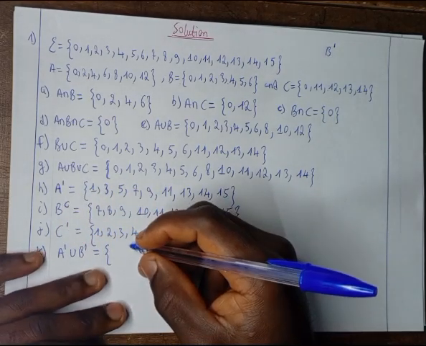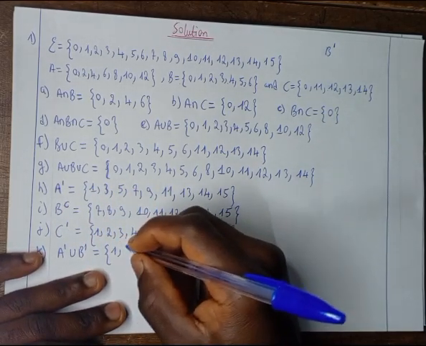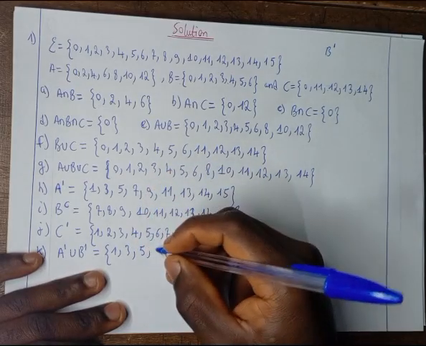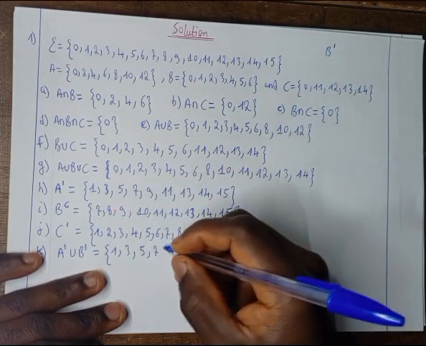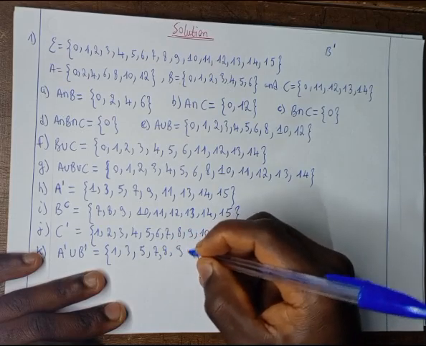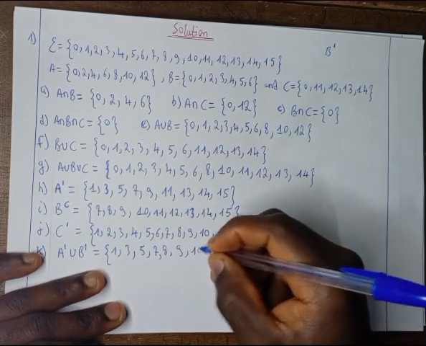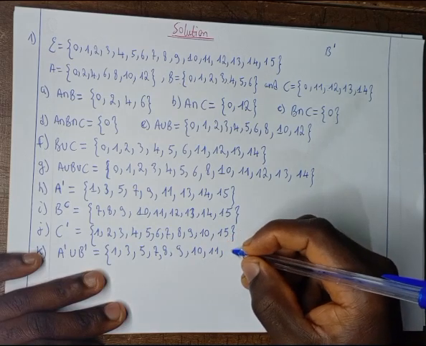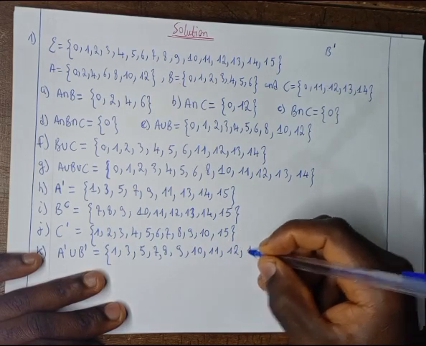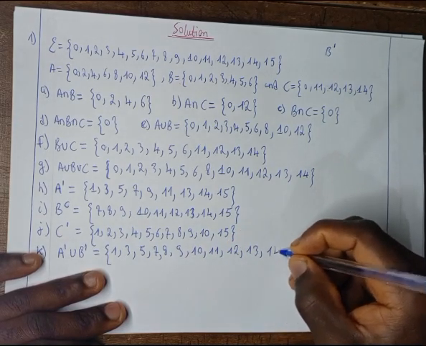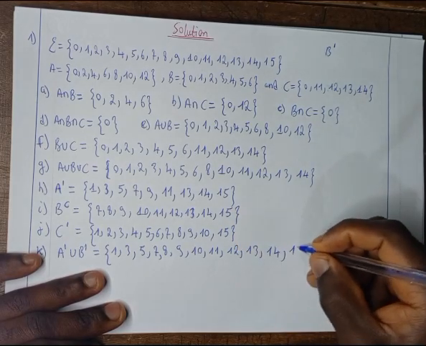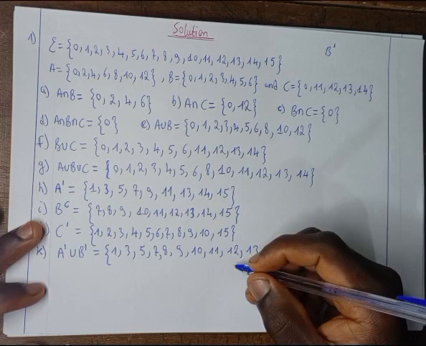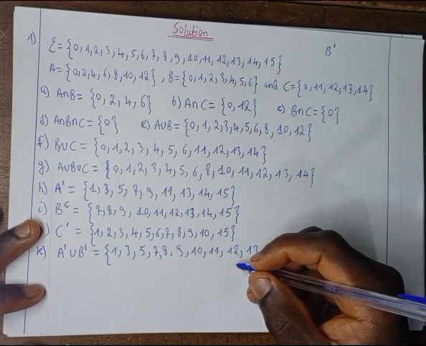So this will simply be equal to, we have 1, 3, 5, 7, 8, 9, 10, 11, 12, 13, 14, 15. This is A complement union B complement.